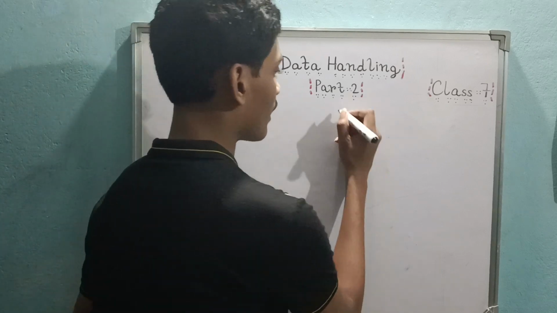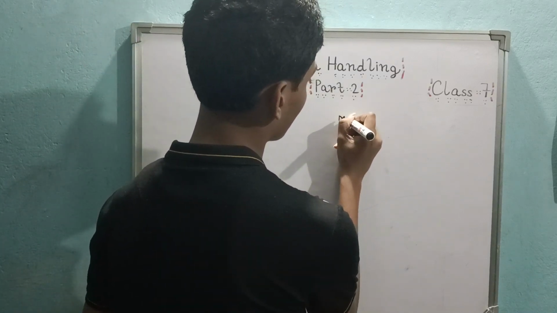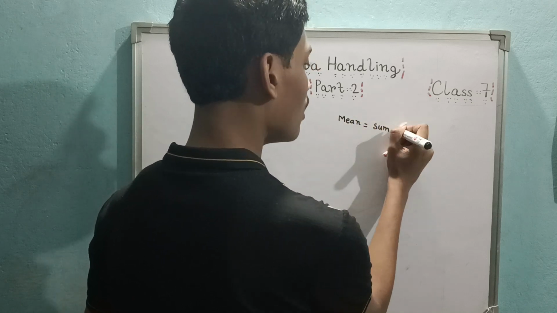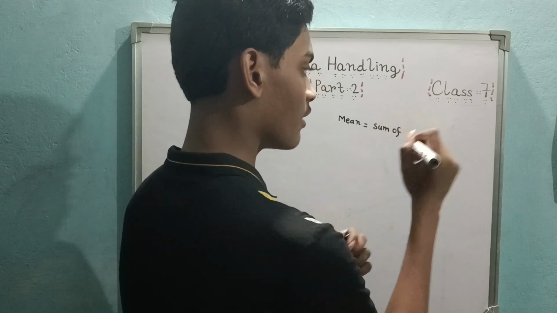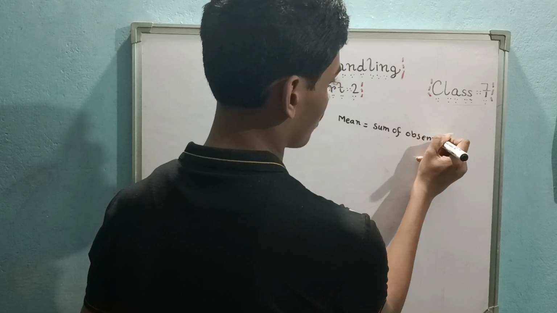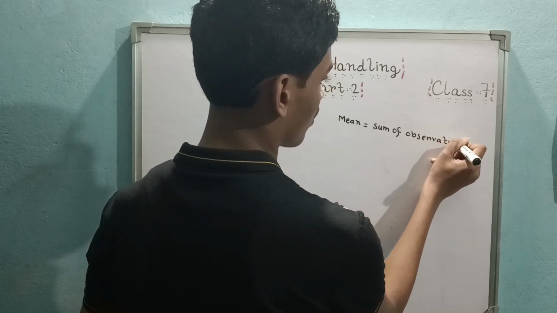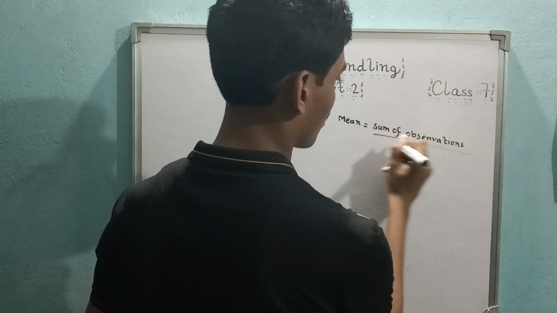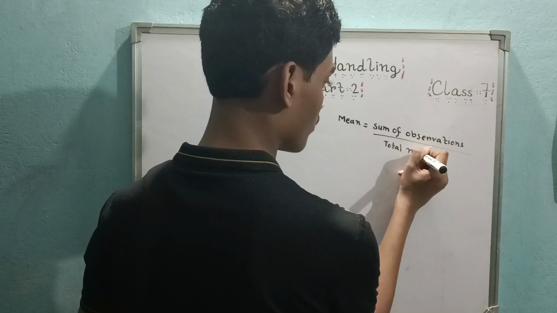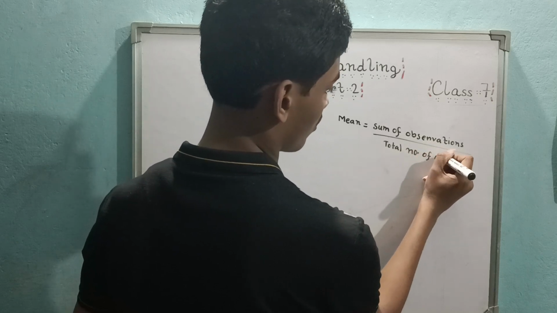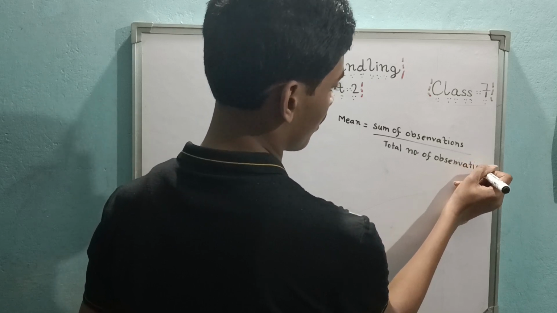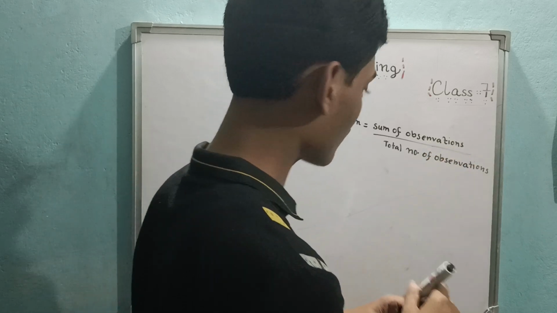So mean is equal to the sum of observations divided by the number of observations, and here all the respective data values we are considering as observations. I'm writing number as NO. This is the formula you all know for average, and that is actually mean.